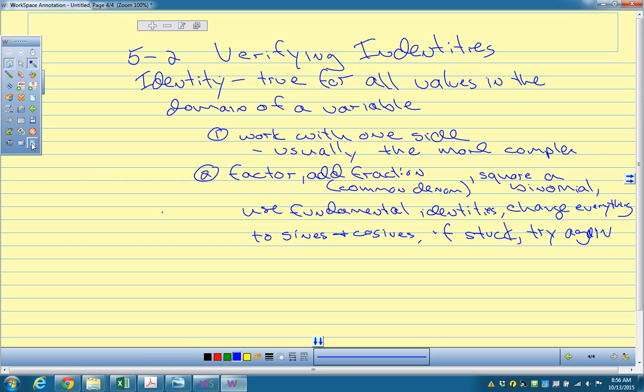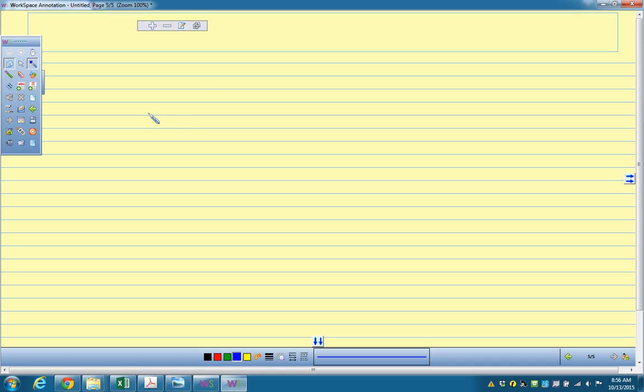So here are some examples. We're just going to work through some, and then I'll give you some time. Hopefully we'll have some time to work. We'll see. Verify secant squared theta minus 1 divided by secant squared theta equals sine squared theta.